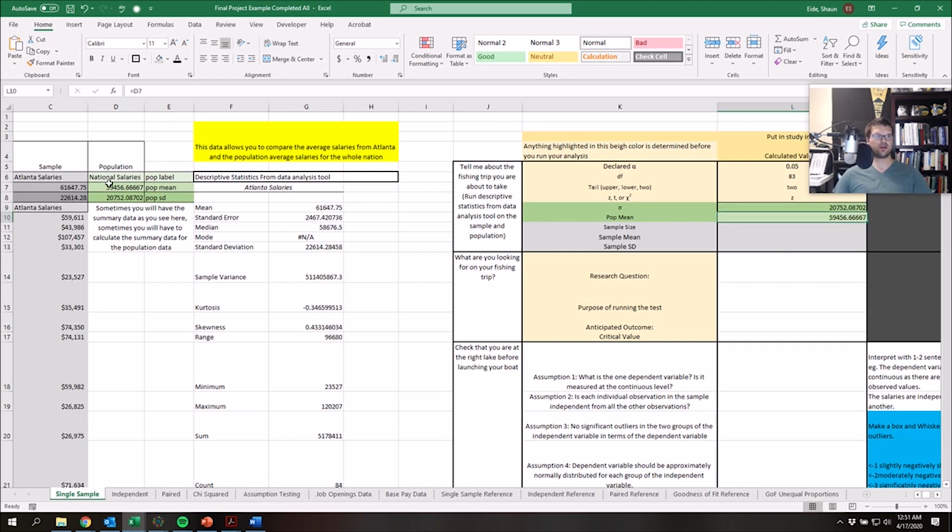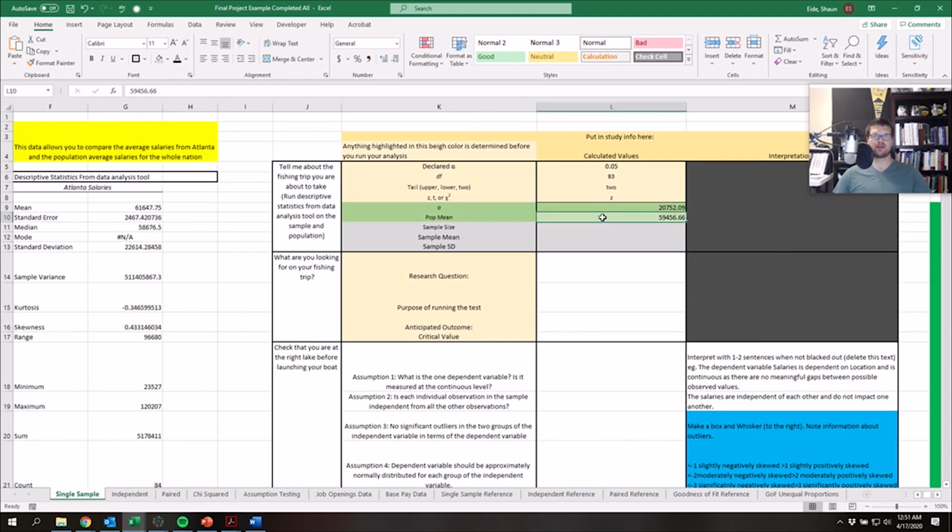You can also just come over here and say, oh, this is great. We're going to control C, population mean, control V, and then standard deviation, control C, and then control V, except it's going to be 9, and then this is going to be 7.